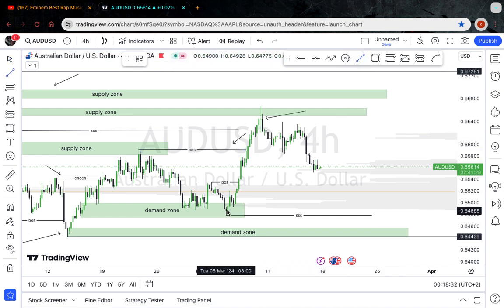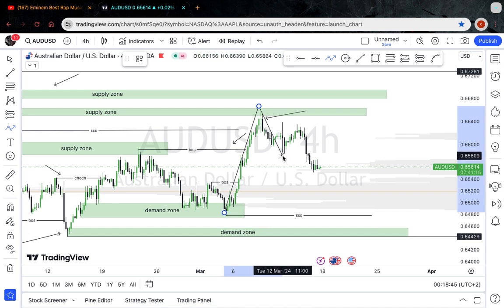The market was pushing in an uptrend, right? It was pushing up, it tested the supply zone, it went down here, it was pushing up, it went down, right? It created a low here and then it pushed to the upside.